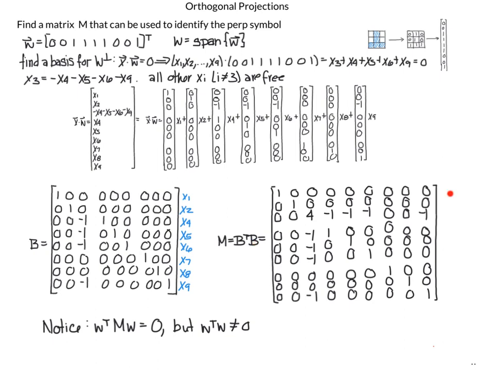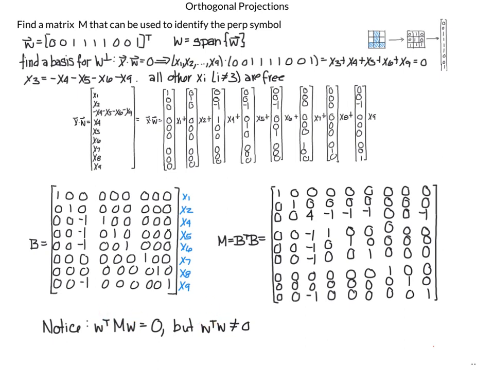So I did that multiplication, and you'll have to take my word for it, or you can verify it, that this is B transpose B. So what you want to notice is that this is our matrix to recognize this symbol here. And what you'll notice is if you take W transpose times this matrix times W, it will equal 0. Any other pattern will not equal 0, except possibly the 0 vector, W equal to 0.